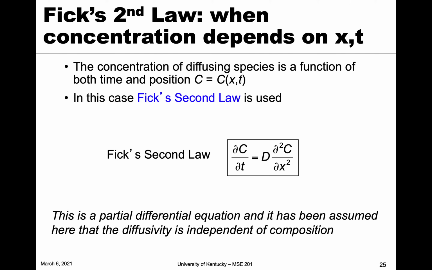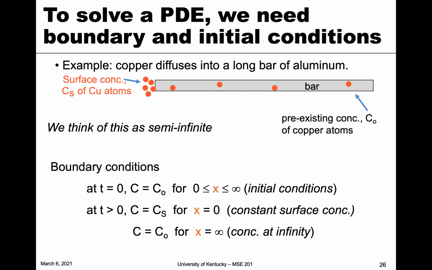What we're going to look at is a specific solution to Fick's second law. To solve a partial differential equation, if you've taken a calculus class before, you may know how to solve for this. But again, not something that we're going to solve for, just to give you an idea of what we need.